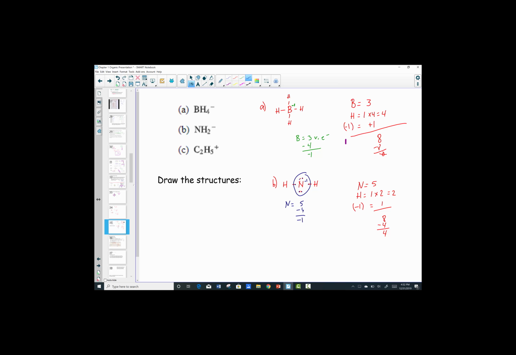And the last one, C2H5 with a +1. Of course, we get the carbons connected together. We use the hydrogens to complete the valence shell, but notice that we're left 1 hydrogen short, 1 deficient, to create the octet on that second carbon.